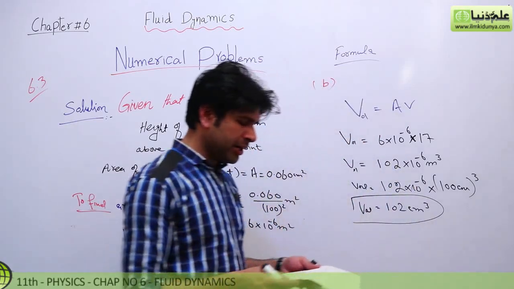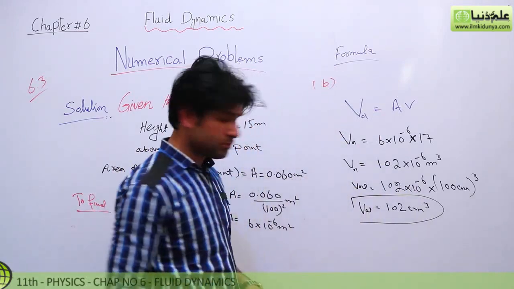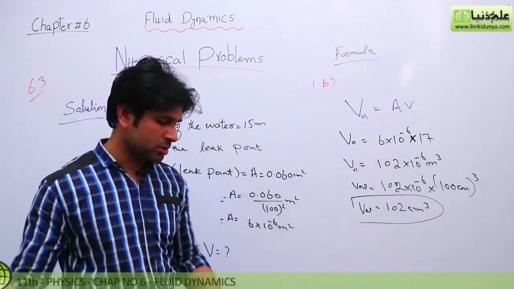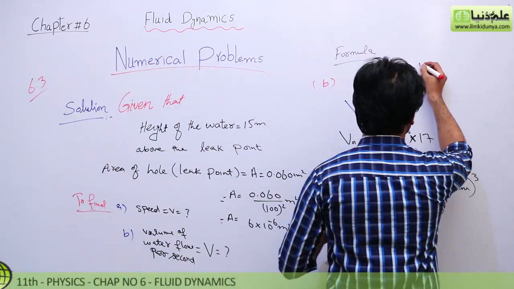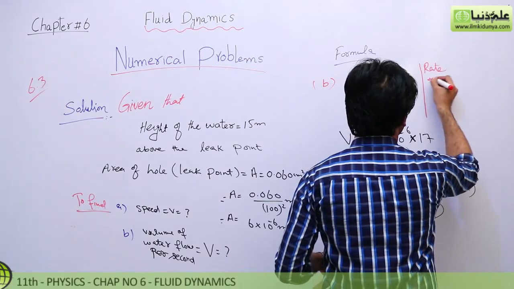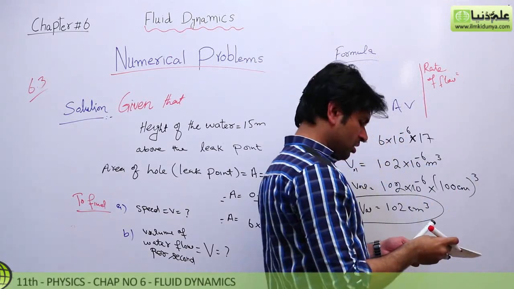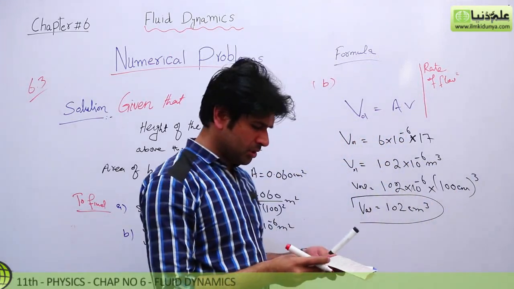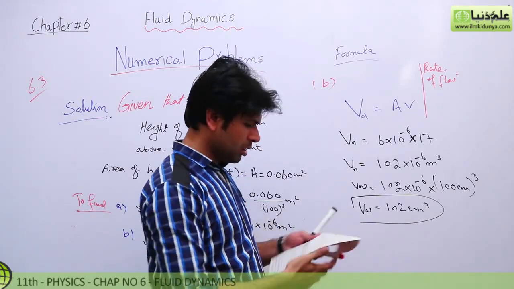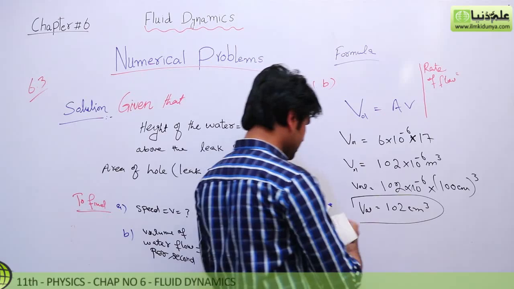So students, this is the volume. Now we are going to find out the rate of flow per unit volume of emerging water. This is actually the rate of flow in centimeter cube.